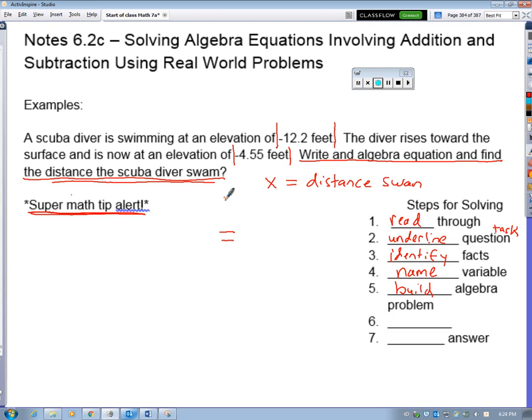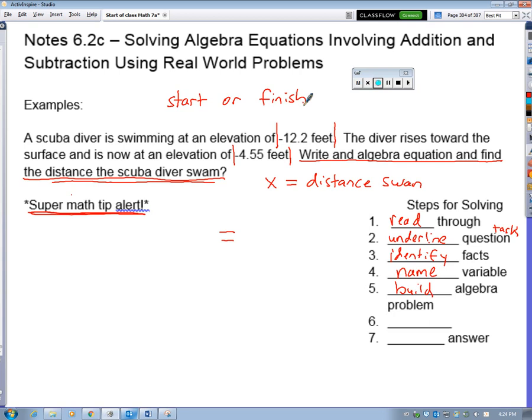So we need to decide what is going to go on this side of the equal sign. How you decide that is you look in these story problems for either a start or a finish. You want either the starting number or the ending number.